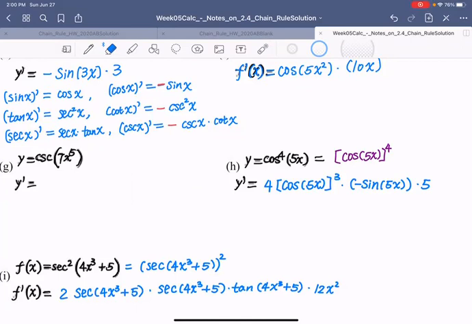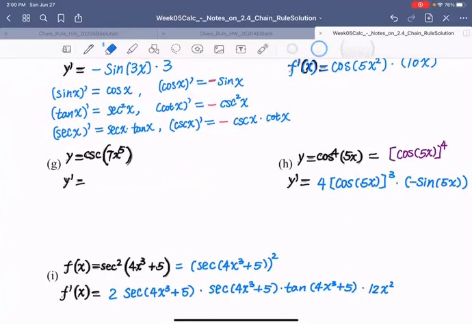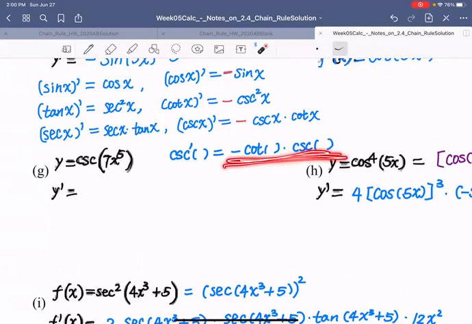Zhao Yuchen. Let's do the G. Look at this. What do we do first? This guy's derivative equals negative cotangent times cosecant, right? So we want to use this formula first. Go ahead.